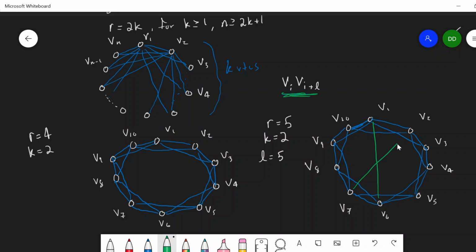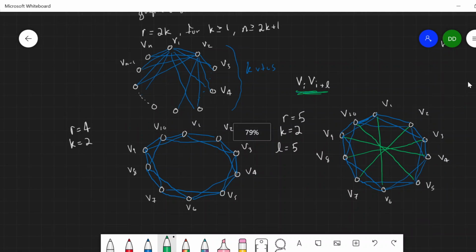V2 and V7 would also be adjacent, as well as V8 and V3, V4 and V9, and V5 and V10. And so that's how we get the extra edge on every single vertex. Since n is even, we won't leave any vertex out, and every vertex will have this extra edge coming off of it. So that's the idea with Theorem 1.7.